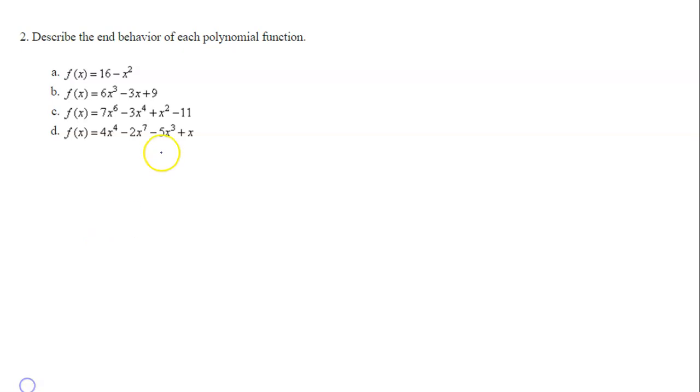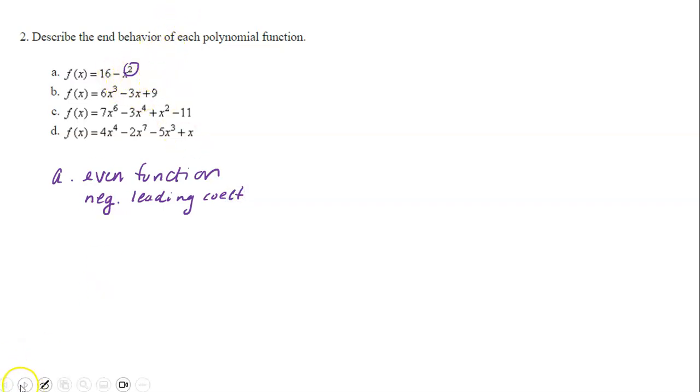Okay. All right, so end behavior. This is where I looked back at those two slides I told you about. So let's see, A is an even function with a negative leading coefficient, because our leading coefficient is negative 1.